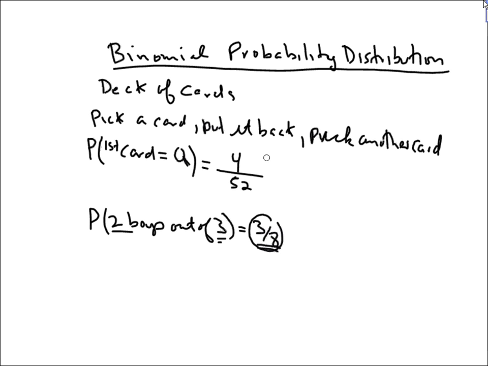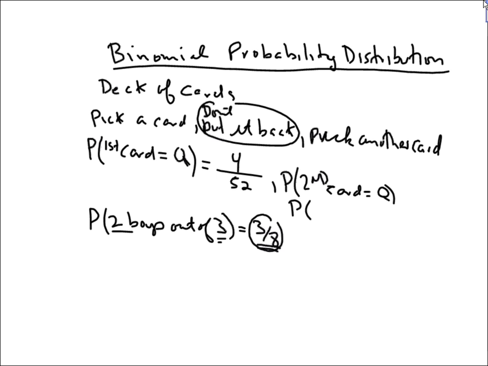Now, no. Sorry, don't put it back. Do not put it back. Now, what's the probability? Actually, I'm going to have 2 answers. What's the probability that the second card is a queen? Well, there are only 51 cards left over.